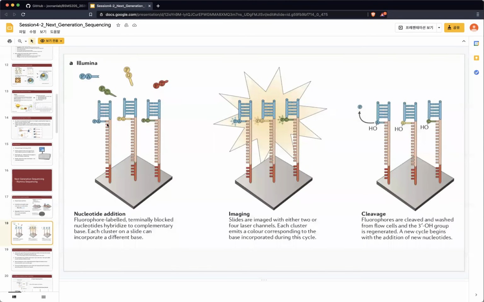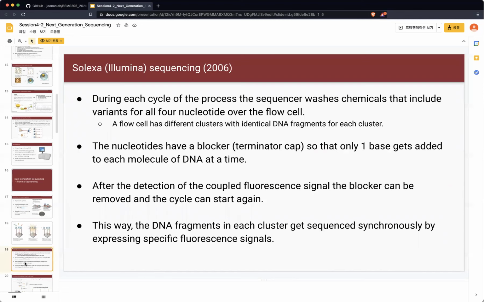So in here, each nucleotide has the fluorescent label, but also a blocker as well. So there is no way another nucleotide can be bound onto the next position, right? So each cycle has only one nucleotide added. Okay, so after the detection of the fluorescent signal, the blocker can be removed, then the cycle can start again, right?